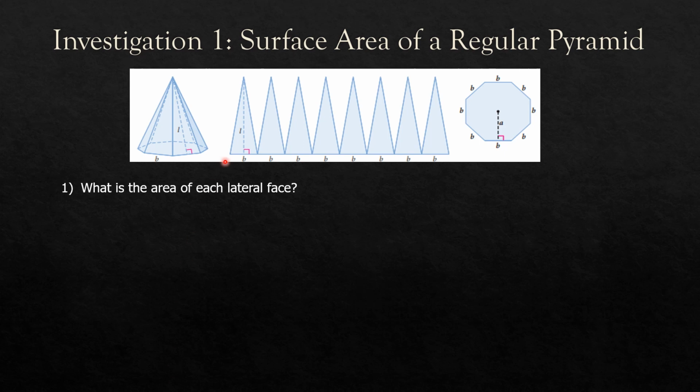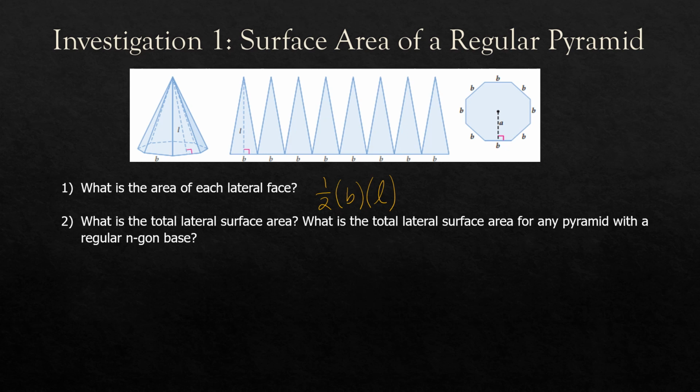Each face is going to have a height of L, that slant height, and the base is going to be B, which would be the length of one side of this octagon. So one lateral face is going to be 1/2 base times height, and height here is that L for slant height.